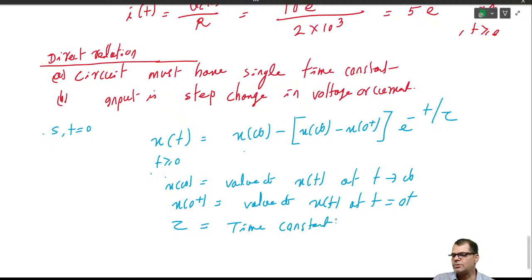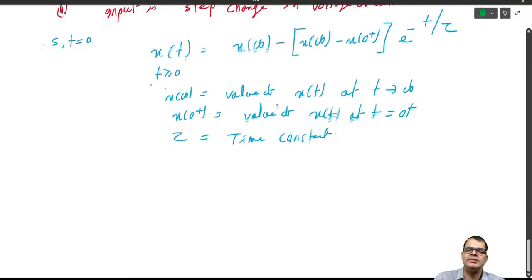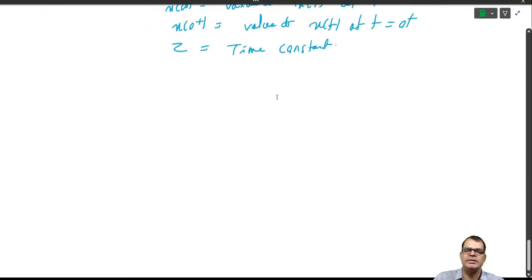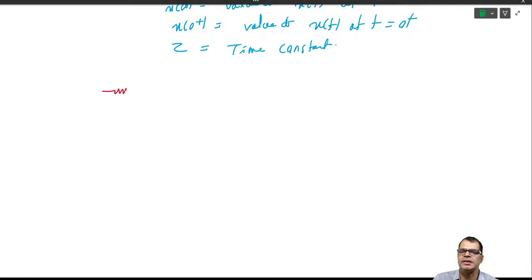Now the question is how to determine the time constant for a single energy storing element, that's why I call it a single time constant circuit. A very simple way you should follow: suppose you have a circuit like this. After switching, the circuit becomes like this. Then reduce the voltage source or current source to 0.